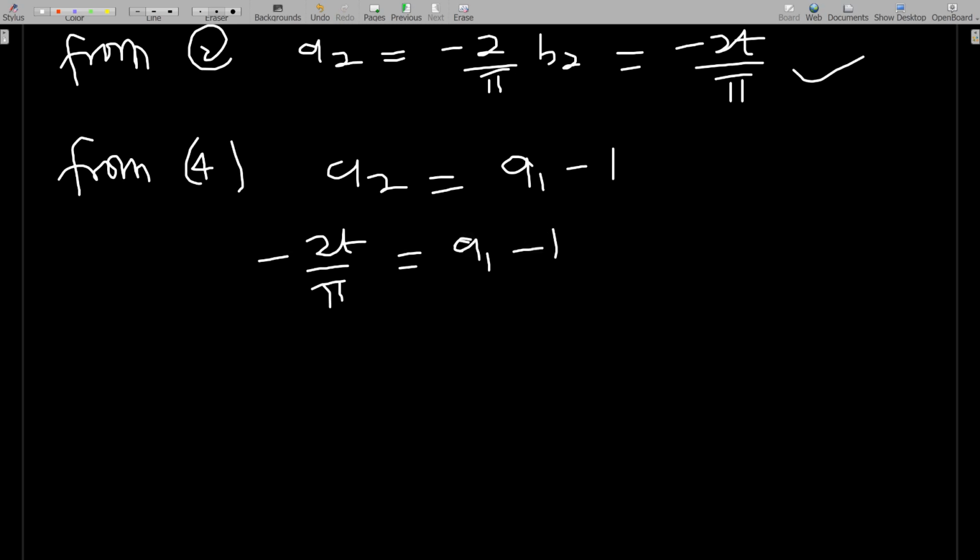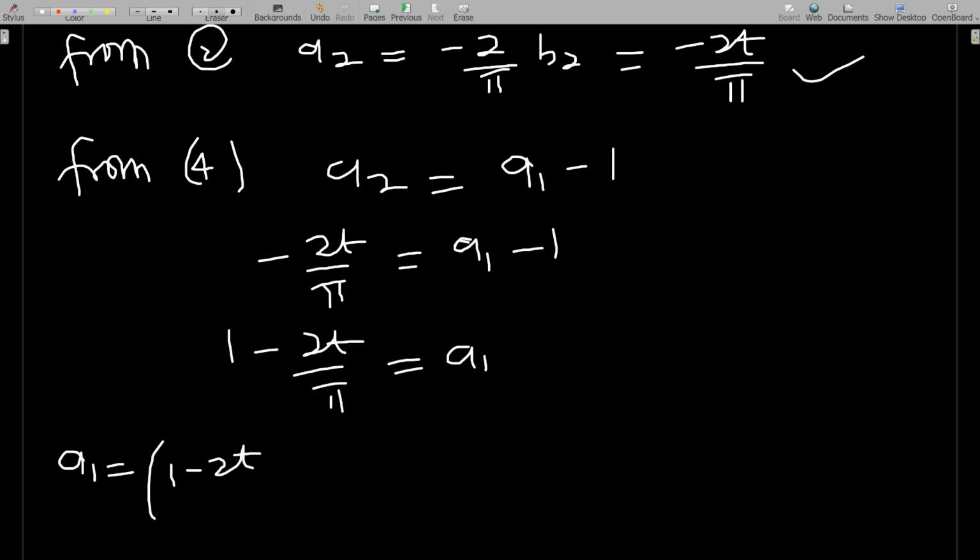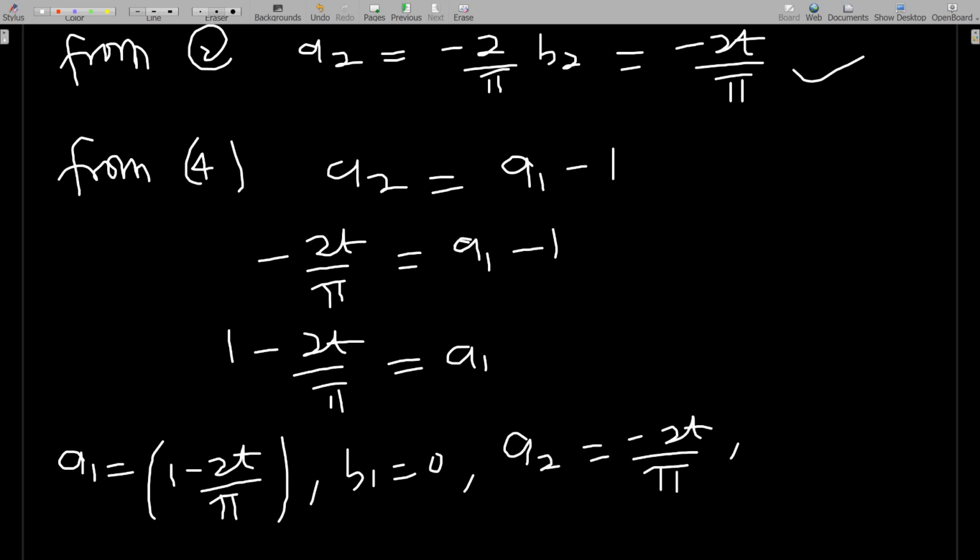Taking the minus 1 to the other side, I have 1 minus 2t over pi equals a1. So a1 is 1 minus 2t over pi, b1 is 0, a2 is minus 2t over pi, and b2 is t. This is all we have.